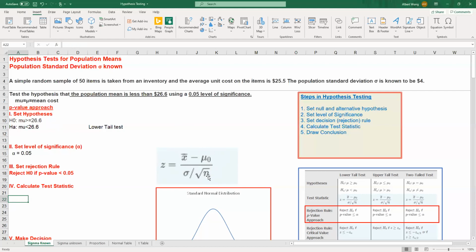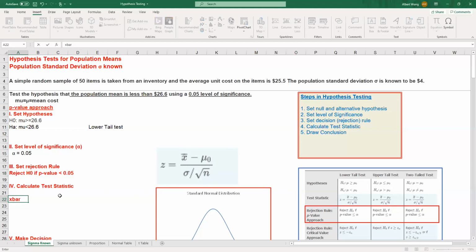We can prove mathematically that if the null hypothesis is true, then this Z has a normal distribution, and we can then use the normal table, right? So compare what we see with what we want to test and standardize it so that we can come up with the test statistic.